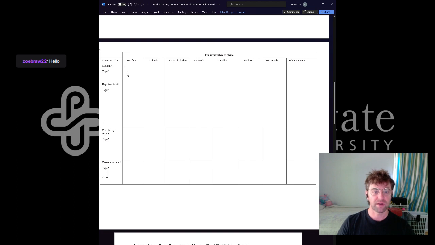So for Porifera, we have no coelom. Cnidaria, we have none. Platyhelminths, we have none. Nematoda, we have what looks like a coelom. It's not a true coelom because of the tissue that it's derived from embryonically. The gut is not lined with mesoderm embryonically.